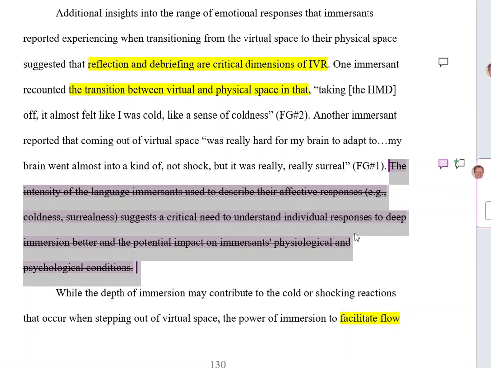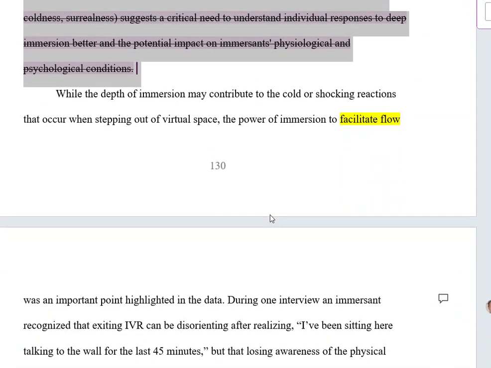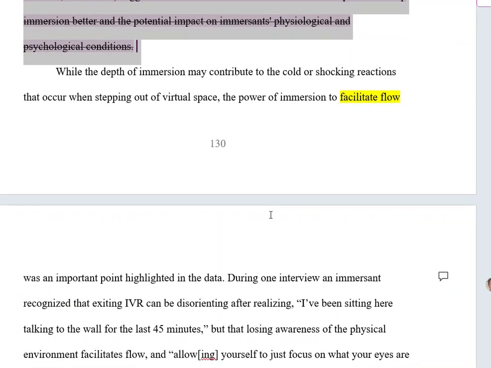Unless you say that it should be noted that the language is intense, using words like shock, unreal. But don't give an interpretation. Just say that's the facts, right? Because you're not interpreting things in the results. Otherwise, it gets a bit messy, right?